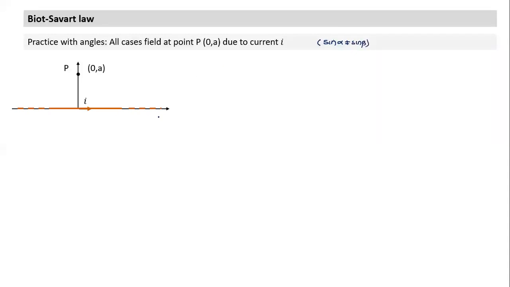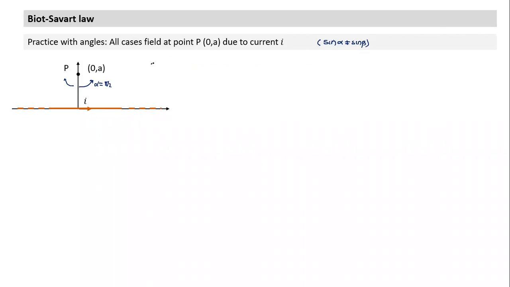In this particular case, what does the dotted line indicate? It indicates how far it extends. Alpha is equal to pi by 2. It indicates it's an infinite wire of long length. It means alpha is pi by 2 and beta is also pi by 2, and both are in the opposite direction. So should I add those things? Yes, both are in the opposite direction, hence I will add.